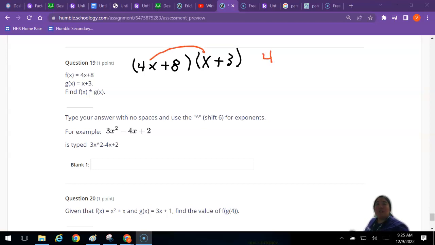So 4 of x squared, and then distribute again, plus 12x, and then we do the other one. Multiply. What's 8 times 1? Plus 8x.